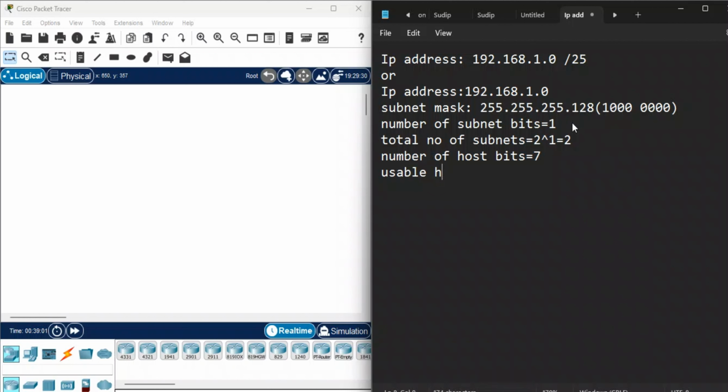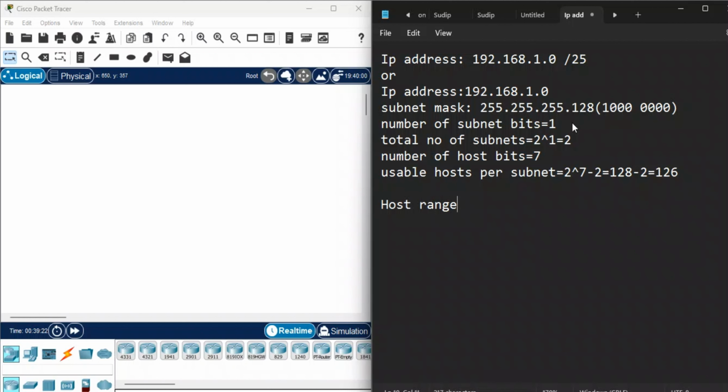Usable hosts per subnet equals 2 raised to power 7 minus 2, which is 128 minus 2, equals 126.